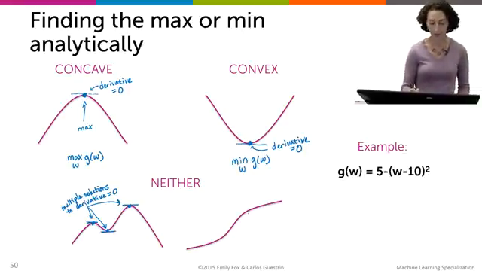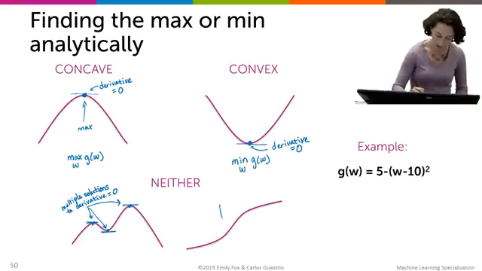In contrast, for this function, there's actually no solution to derivative equals 0. The derivative is nowhere 0. The function is continuously has a rate of change. So no solution to derivative equals 0.